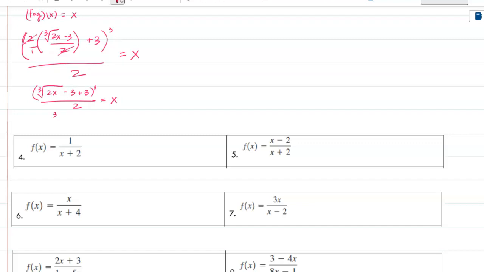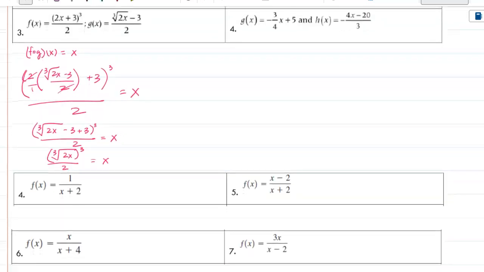And then that just becomes a cube root 2x raised to the third power over 2. Okay, and that just becomes a 2x over 2 equals x. X equals x. Prove that one.